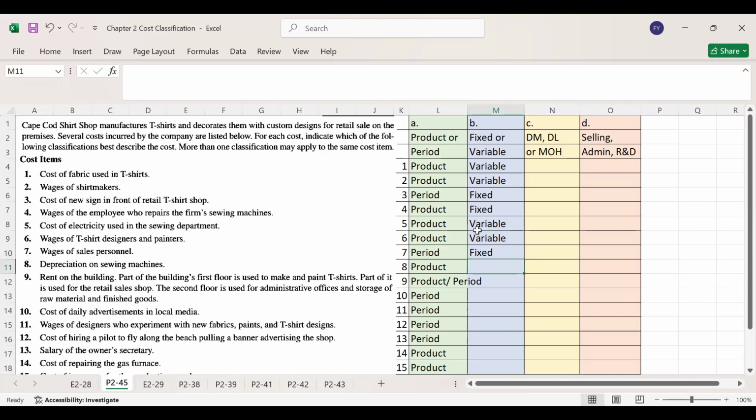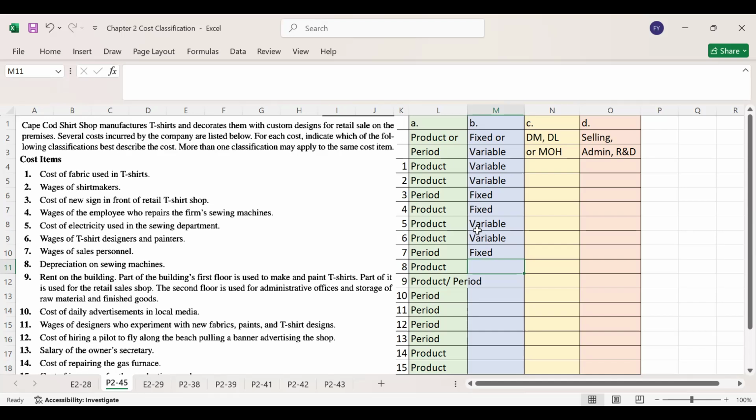Depreciation on sewing machine, again, now this is debatable as we have just discussed in the previous example. If this depreciation is based on a straight line method, then this depreciation is a fixed cost. And if this depreciation is based on number of units produced or hourly work, then this will be variable.